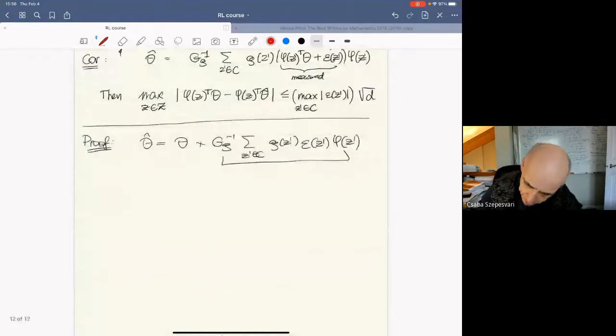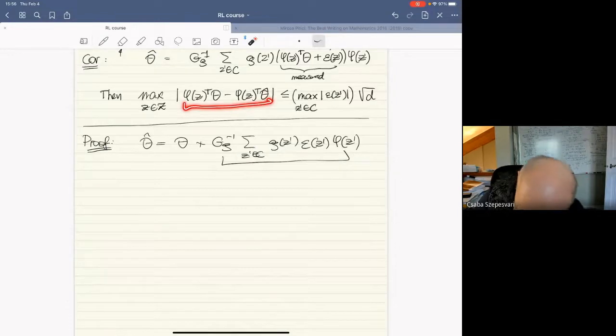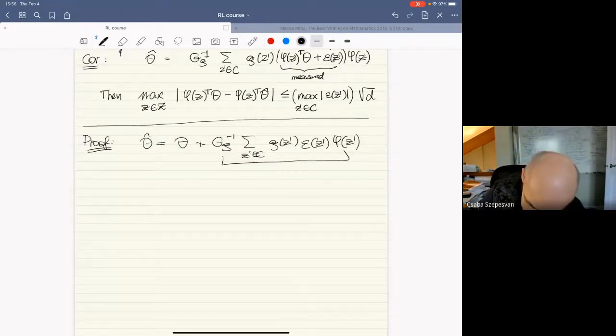All right. So back to our calculations. We want to calculate these errors. Of course I can subtract here, and I can multiply with the feature vector. So fix z.